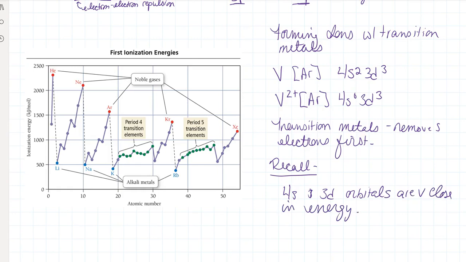And because of how close they are, sometimes we'll see even small amounts of electrons can alter those chemical reactions.